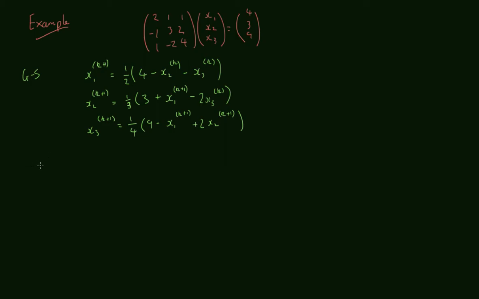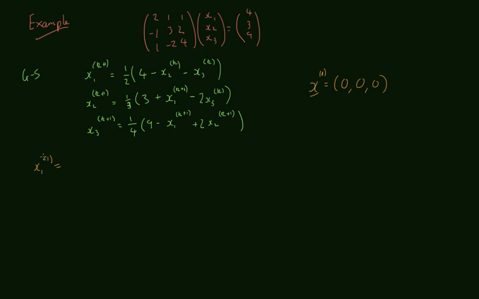For the first iteration, let's use starting values of zeros. Remember, it doesn't matter what starting values you use. If the scheme is convergent, and we'll talk about convergence in another video, you'll eventually get the same answer. It's useful to start with zeros because it cuts down on the amount of work for the first iteration. This is our 0th guess.